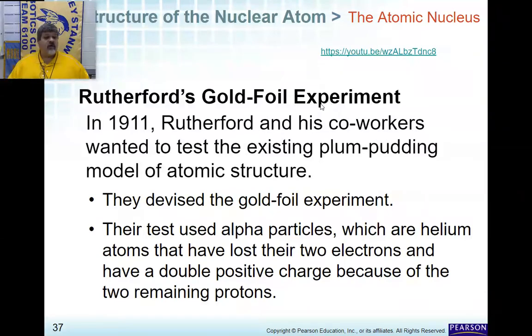Now, the gold foil experiment basically shot alpha particles through gold foil. And by shooting them through gold foil, he realized that it almost always went through, it never bounced out. So if the whole atom was made up of something really hard, it would bounce off. But that's not what Rutherford came up with. Let's see what he did.